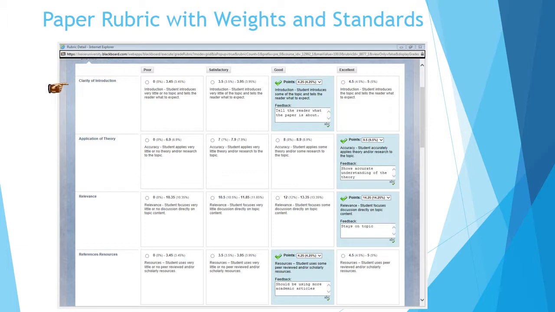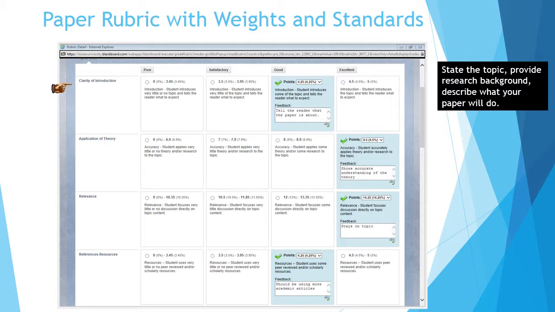It didn't really tell the reader what the paper was going to be about, and consequently it was rated in the good category with a score of 4.25%. Now there's a range within each one of these categories that I could apply. I could apply anything from 4 up to 5, okay? And so in this particular one, they've got less than the full amount of points that they could get for an introduction.